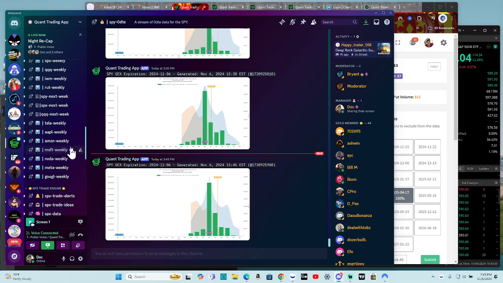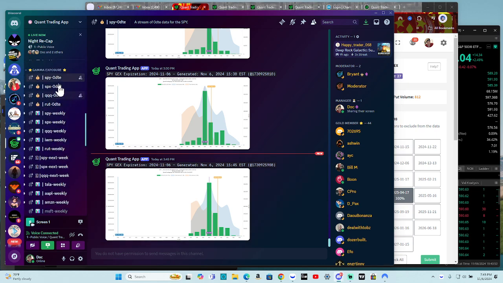And speaking of those, someone always asks me, how do you find moves? How do you find setups? It's really easy since I've started using QTA. What I do is, you have the indices, right? SPY, SPX, Qs, Russell.